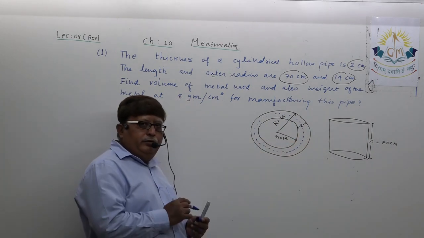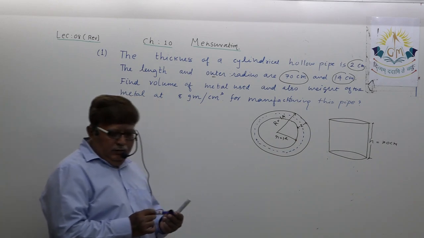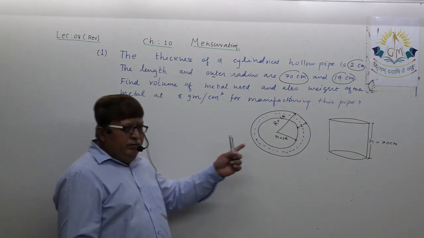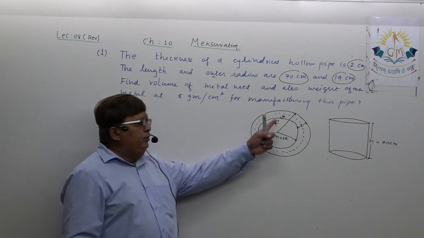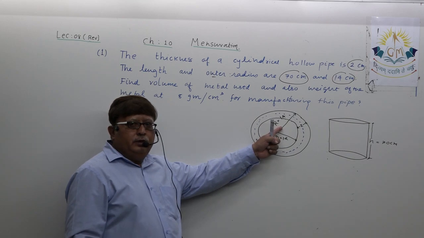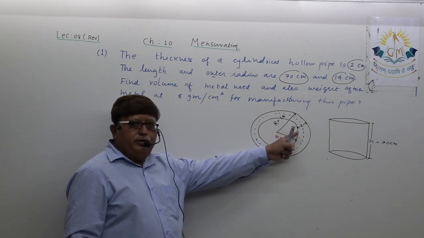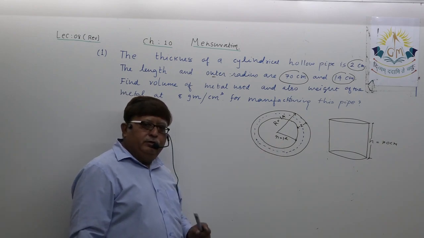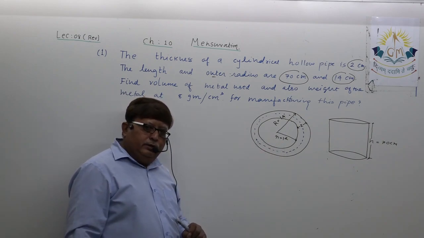You understood this, dear student? I simply highlighted this already in my explanation. When the external radius is given, just by subtracting the thickness, you will get the inner radius.